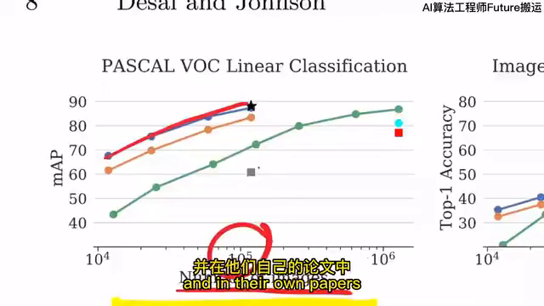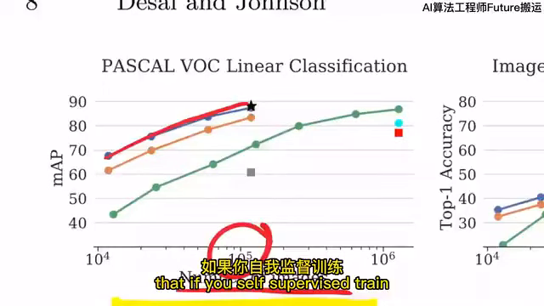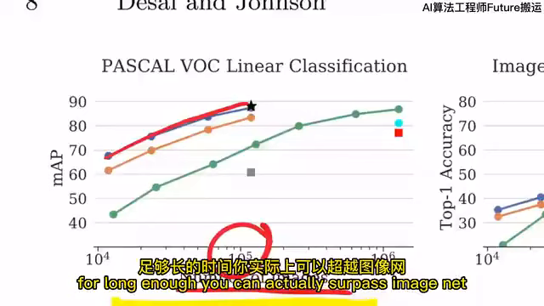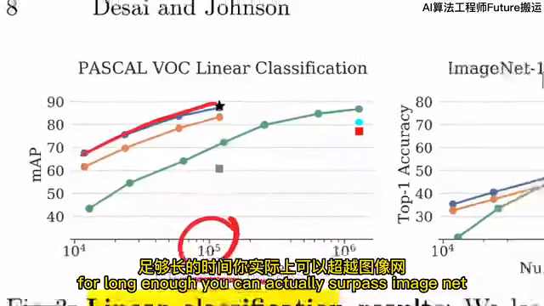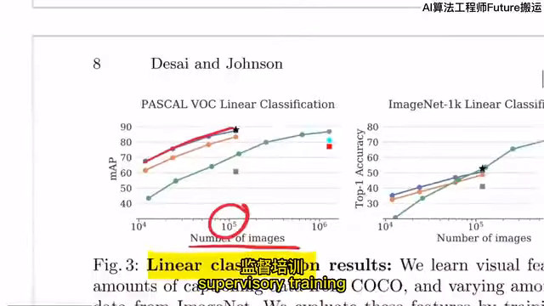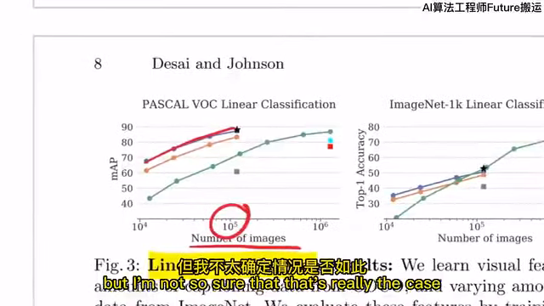And in their own papers, there is some evidence that if you self-supervised train for long enough, you can actually surpass ImageNet supervised pre-training, but I'm not so sure that that's really the case.